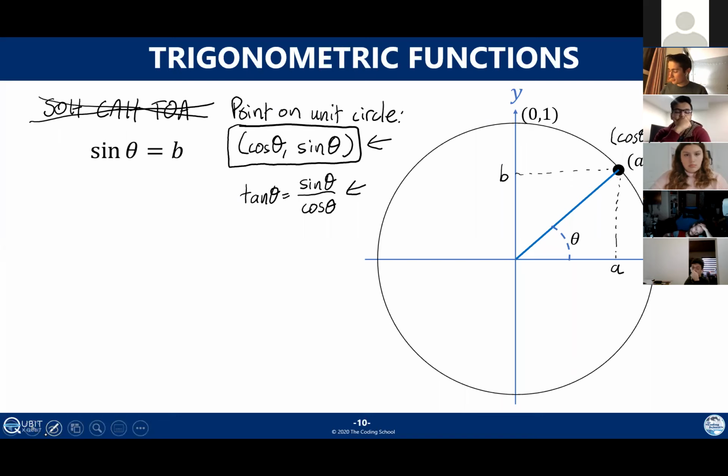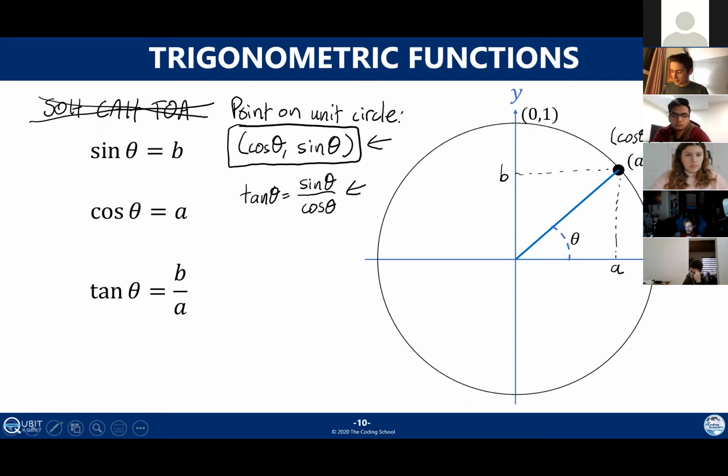First of all, if we just compare the y coordinates of our point, notice that our B value here has to be exactly equal to sine theta, because both of those are the y coordinate of the same point. And so we end up with sine theta equals B. Same argument for the x coordinate gives us that cos theta must equal A. And then, as I said before, as soon as you know sine and cos, you automatically know tan by just plugging in those numbers.